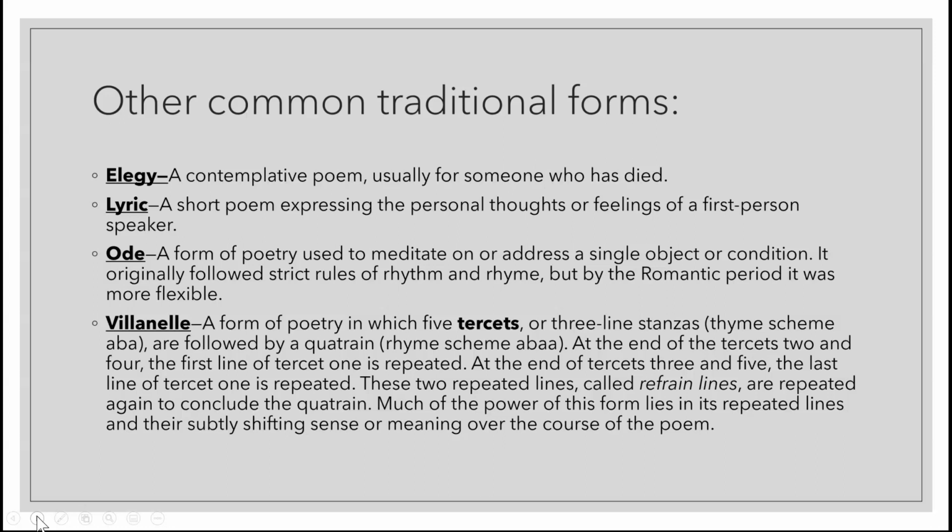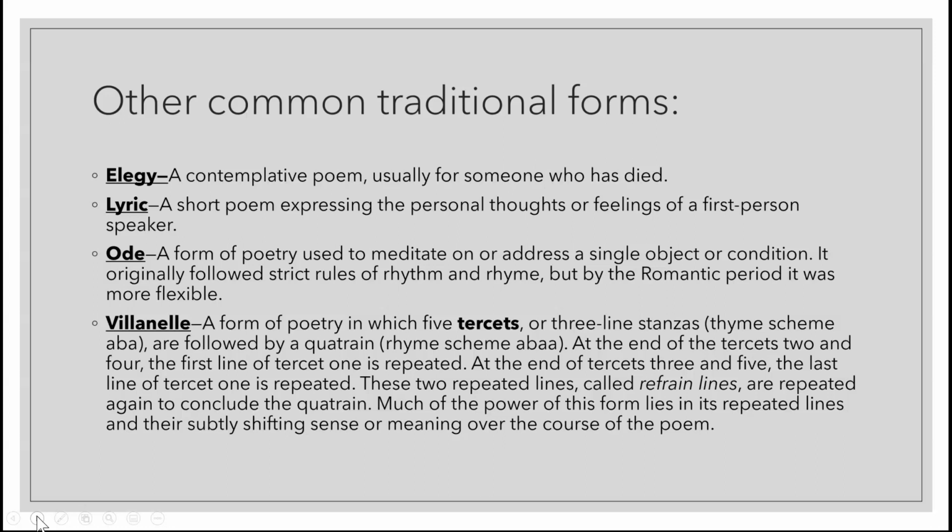Other common traditional forms of poetry. An elegy is a contemplative poem, usually for someone who has died. Lyric, which is a short poem expressing the personal thoughts or feelings of a first-person speaker. Ode, a form of poetry used to meditate on or address a single object or condition.